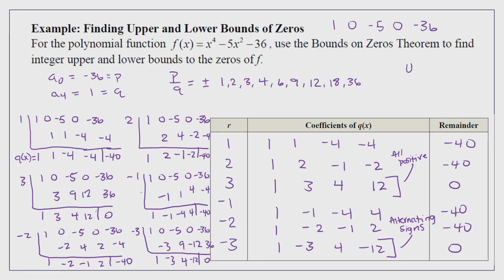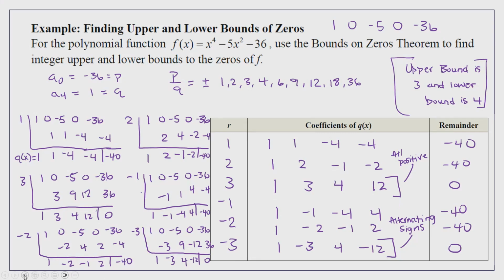So the upper bound is 3 and the lower bound is... So these are the bounds for the potential zeros of f, or actually any zero of f is going to be between... sorry, not 3 and 4. 3 and negative 3.